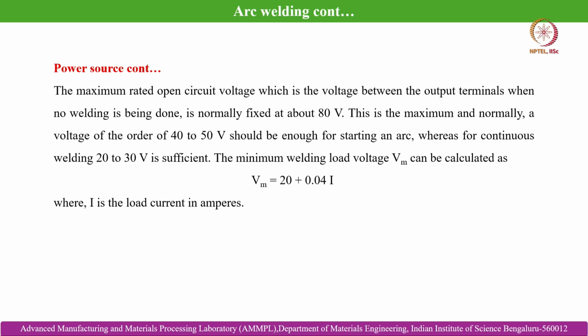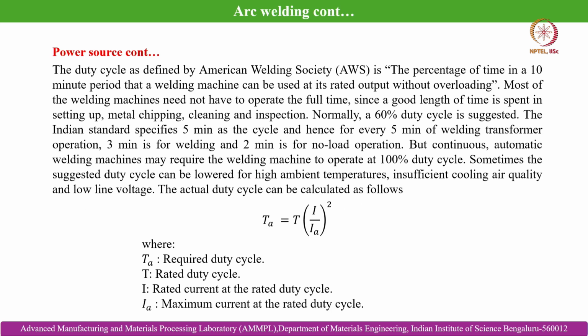The minimum welding load voltage Vm can be calculated based on an empirically drawn mathematical expression: Vm is equal to 20 plus 0.04 times I, where I is the load current in amperes.